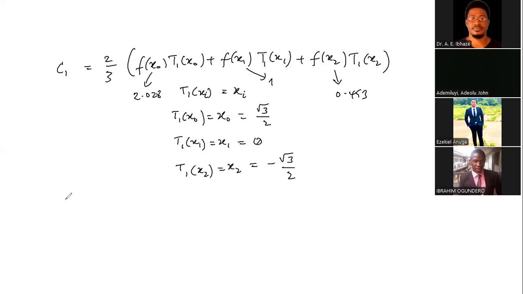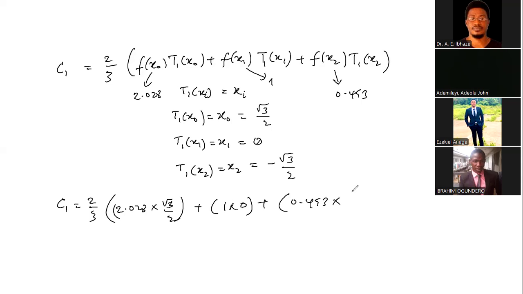So we can now plug in this. C1 will be the same as 2 over 3 into bracket 2.028 times square root of 3 over 2 plus 1 times 0 plus 0.493 times minus square root of 3 over 2.